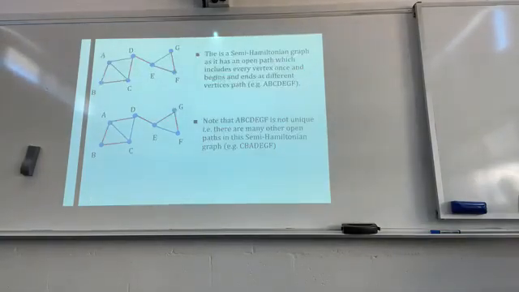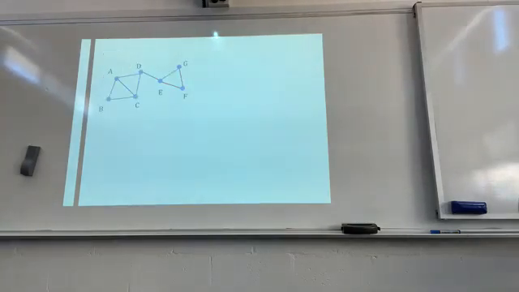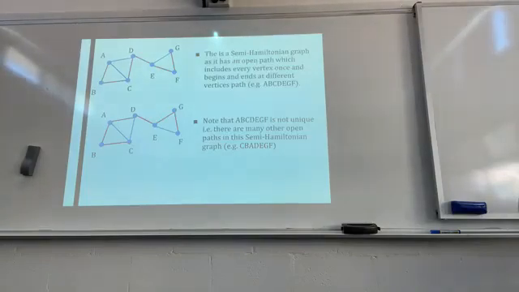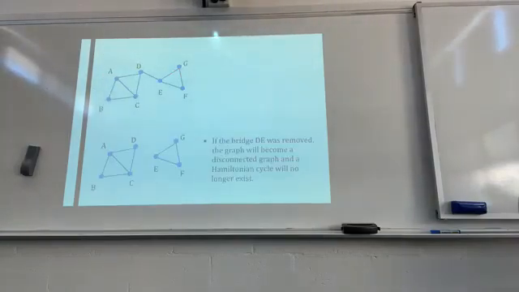All right, this is another one. Semi-Hamiltonian graph: an open path which includes every vertex once, begins and ends at different vertices. All right, the word path shouldn't be there. I'm not sure why. All right, so note that the other one is not unique. There are many other paths, so you can always name any one you like. Just like what I explained, if the bridge D is removed, the graph will become a disconnected graph, and a Hamiltonian cycle will no longer exist.